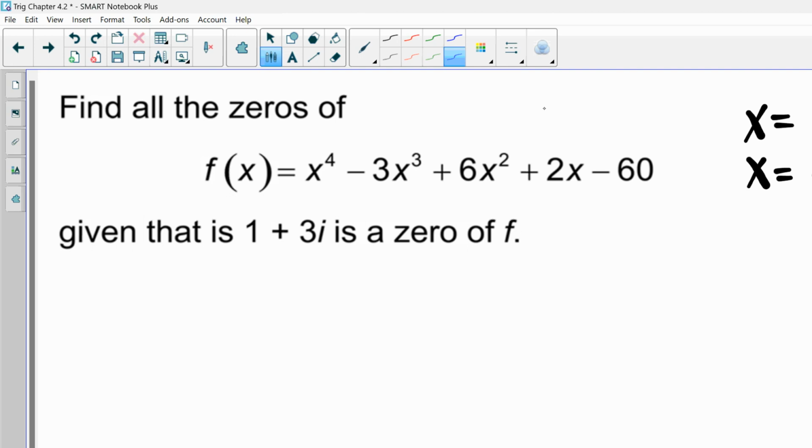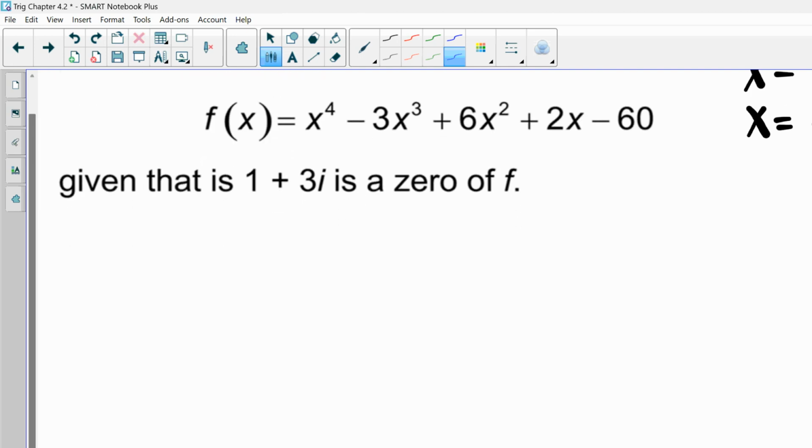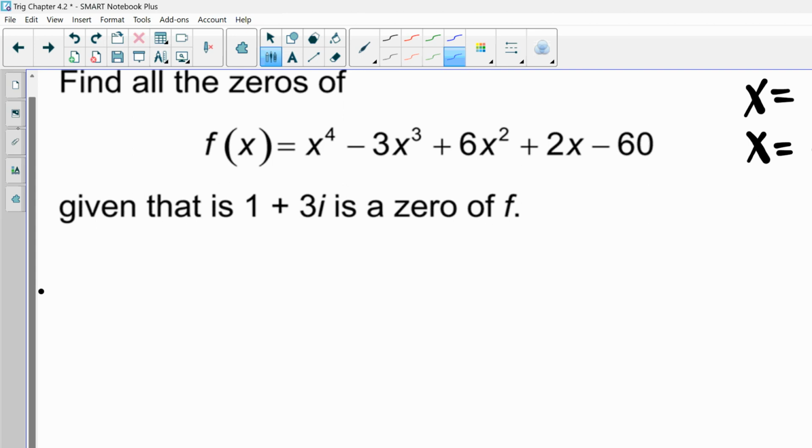What they're wanting us to do, and we'll do it this way so that we see both, is this only works if the other 2 solutions are integers, positive, negative, numbers without a decimal. So what they actually want us to do is division. They want us to do long division with this here.